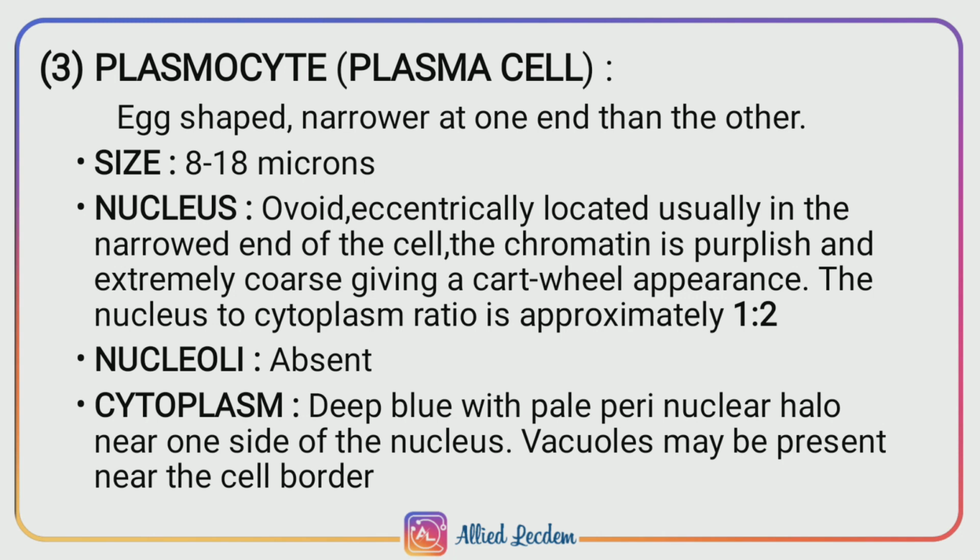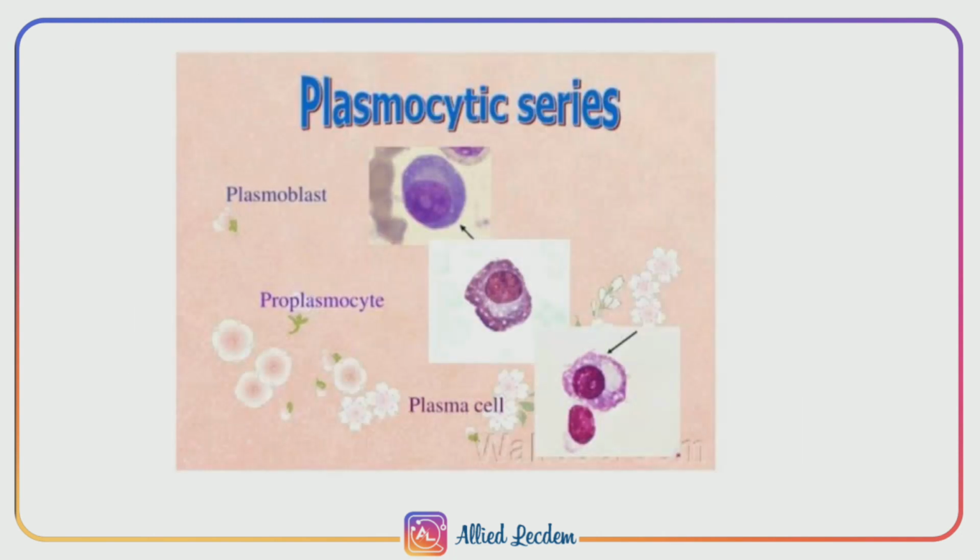The nucleus to cytoplasm ratio is approximately 1:2 and here the nucleoli is absent. The cytoplasm appears deep blue with pale perinuclear halo near the one side of the nucleus. Vacuoles may be present near the cell border. It is the blood picture of plasmocytic series, that is plasmoblast, proplasmocyte and plasma cell.